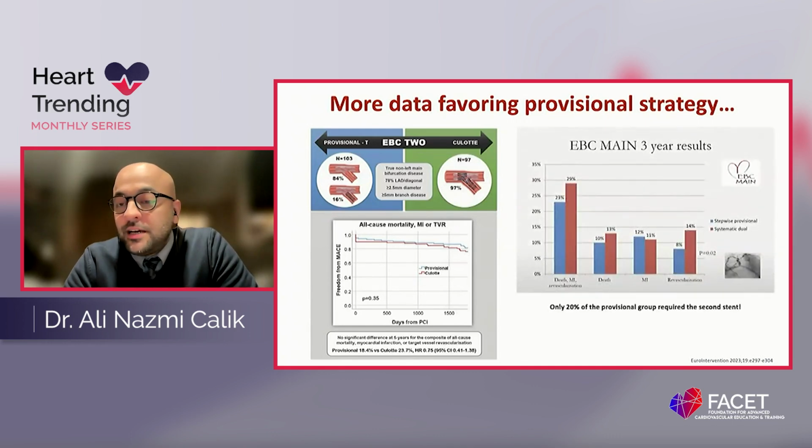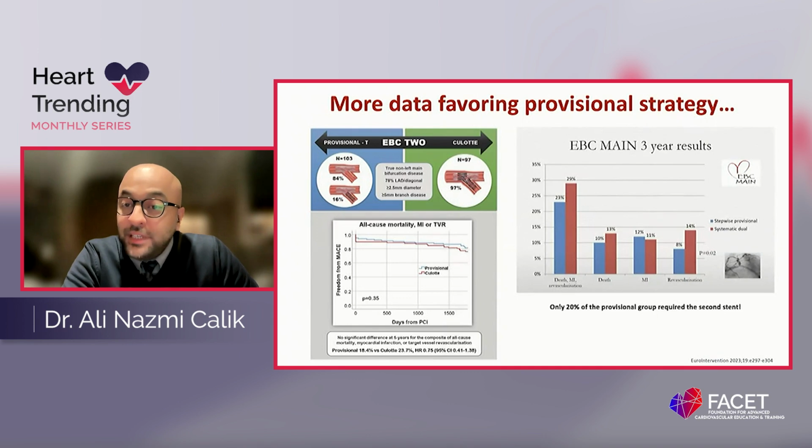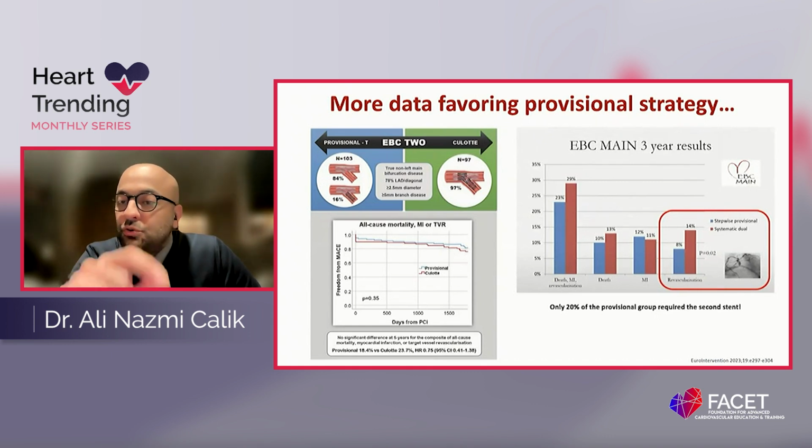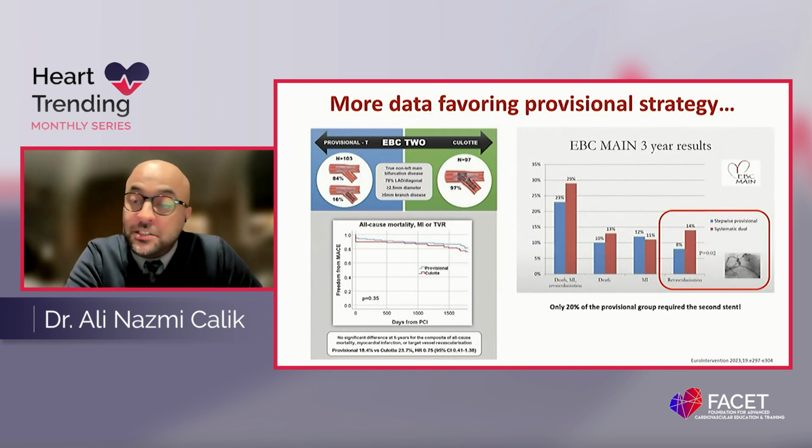And when it comes to left main stenting, in the previous year at EuroPCR, the 3-year results of the EBC MAIN trial were concluded. As you can see here on the right-hand side, if you apply a systematic dual stenting strategy in all left main bifurcation lesions, you increase the revascularization rates compared to a provisional stenting strategy.